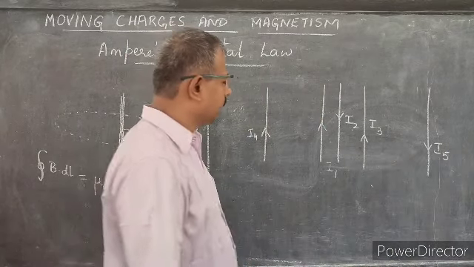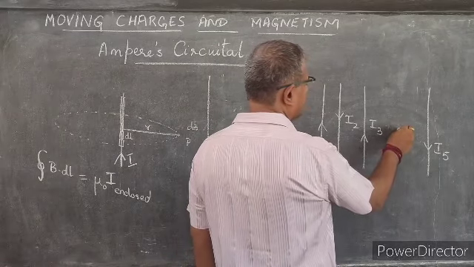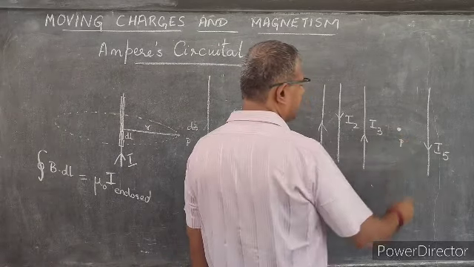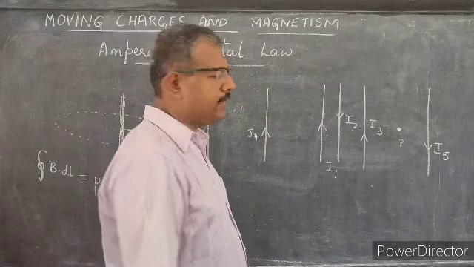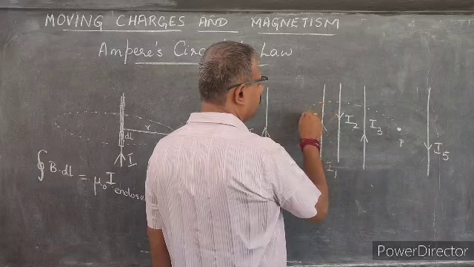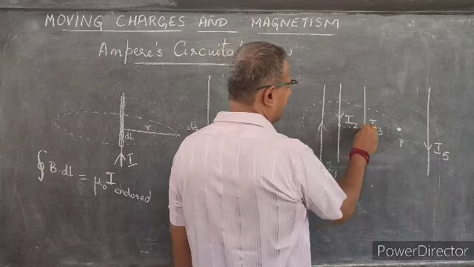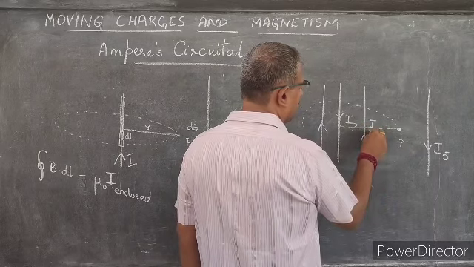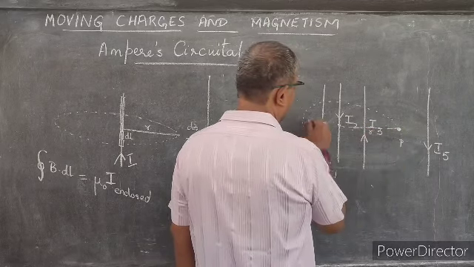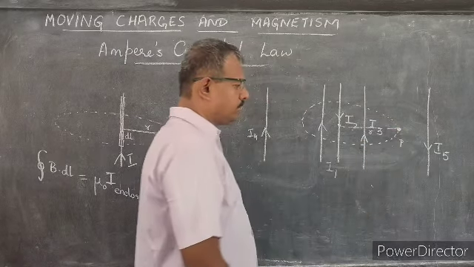Now suppose my point of interest is P and it lies here, and I define a loop taking this as the central conductor at a distance R, and my loop goes this way.